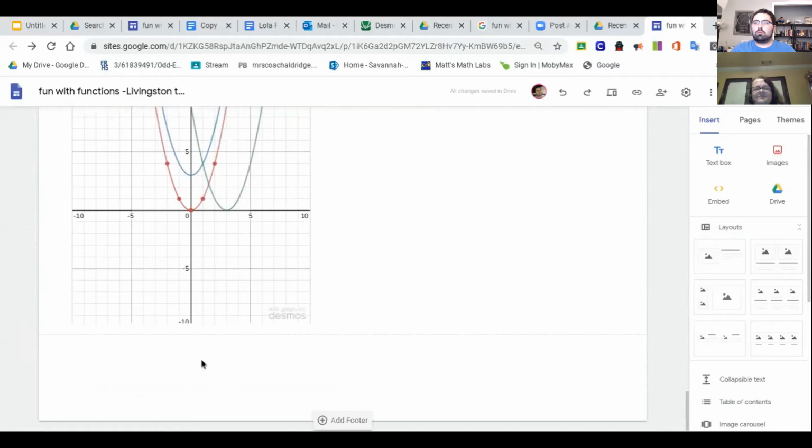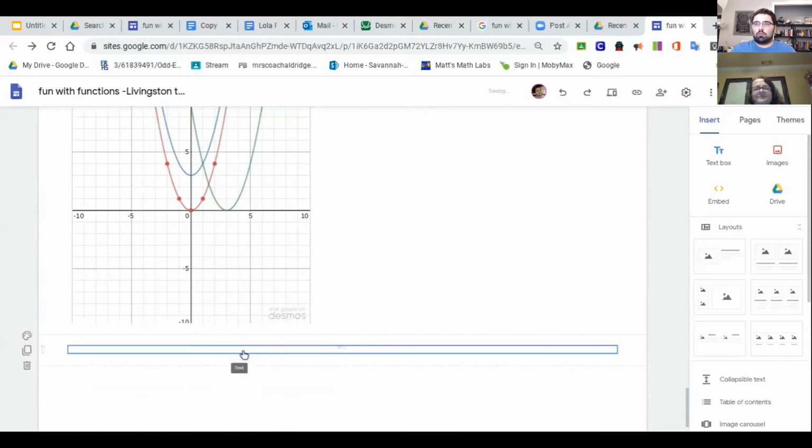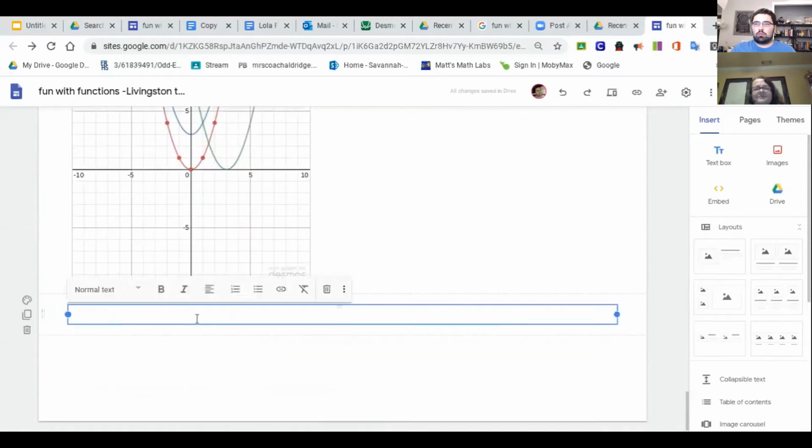Or you can write down here. You can insert a text box. Remember that, and put what it is. The red graph is the parent graph.